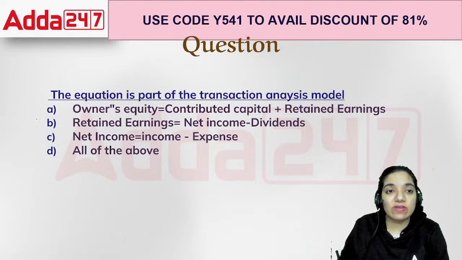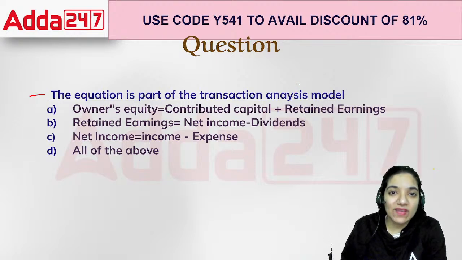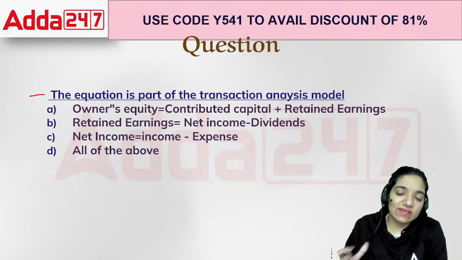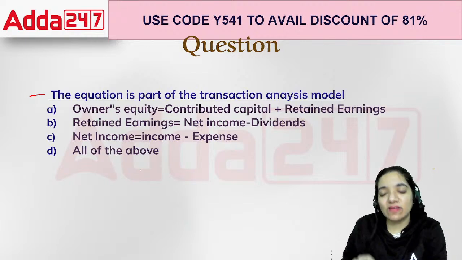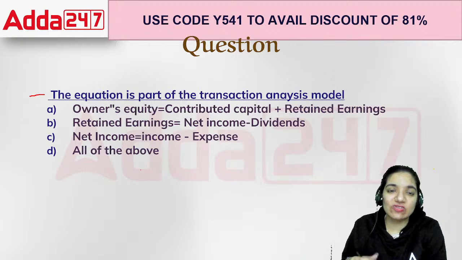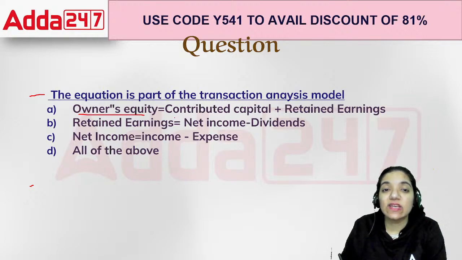The next question says the equation is a part of the transaction analysis model. The equation here is nothing but a basic equation written in a sophisticated manner. It says whatever money the organization has, owner's equity is the contributed capital, whatever money you and I would have contributed, plus the retained earnings.